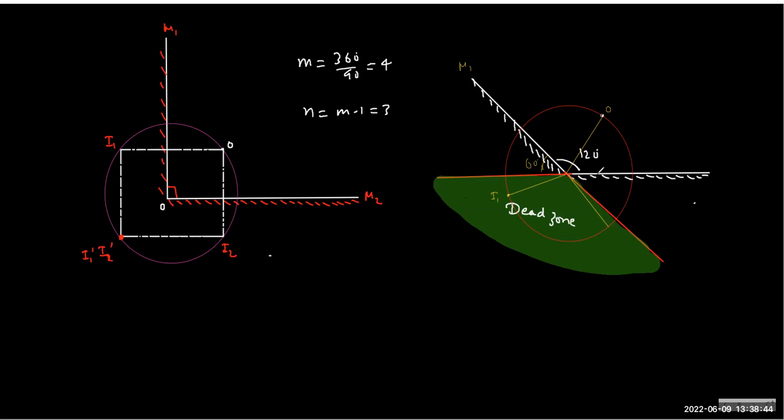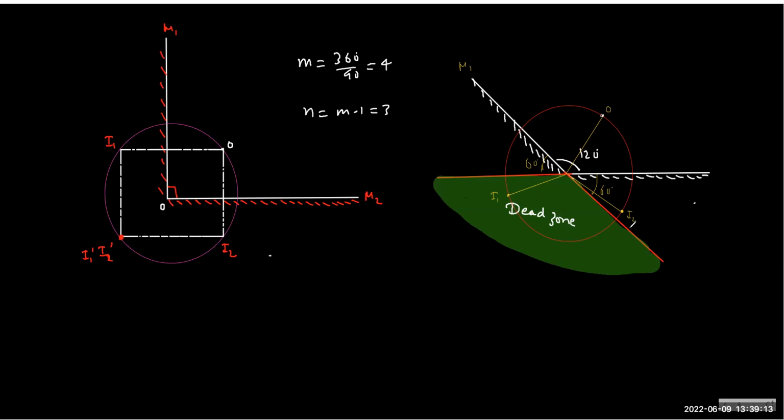This is also 60 degrees. If one angle is more than 60, the other will be less than 60, so the answer will be somewhere here.